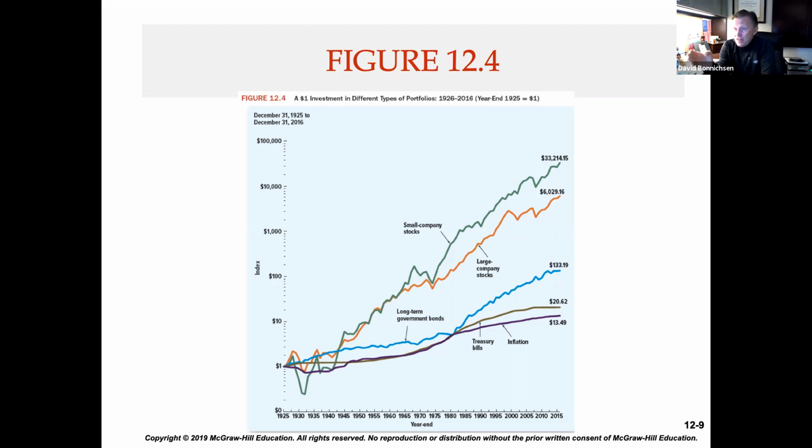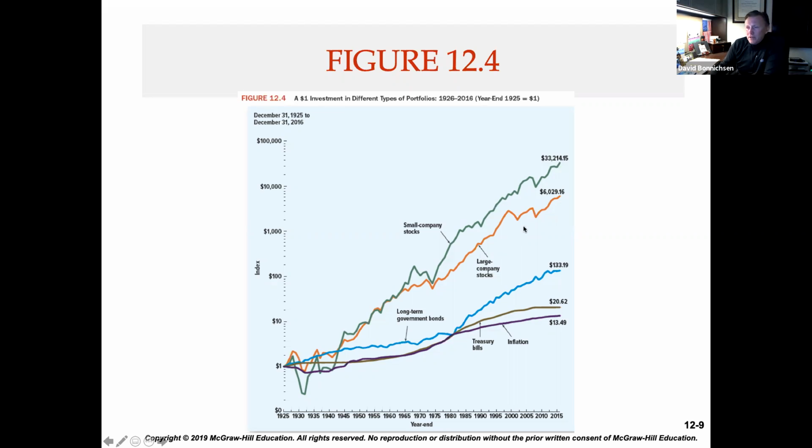We can see that the highest performing asset class within this group is the small cap stocks. The green line. Over a period of time from 1925 to 2015, that $1 investment would have turned into $33,000.